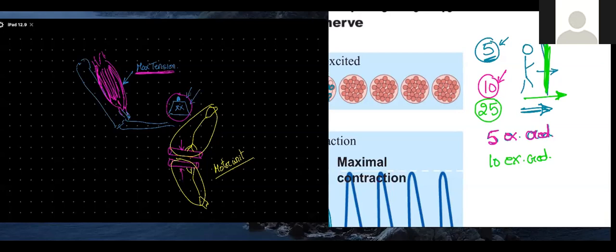More tension. You get more people recruited, more tension is going to be applied, right? More tension means more people have been activated, have been recruited to push the wall.